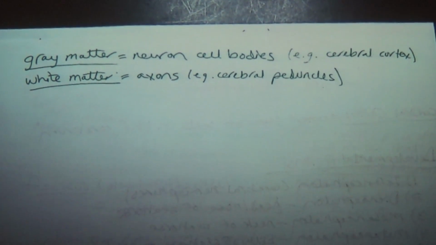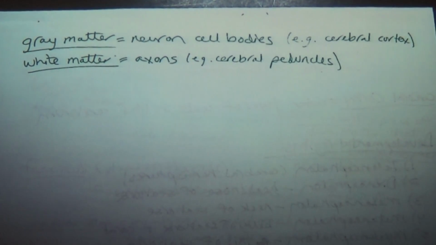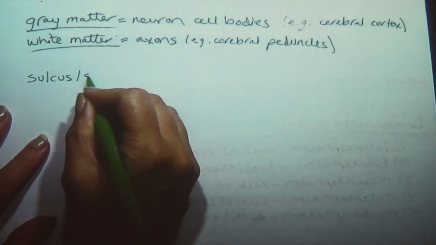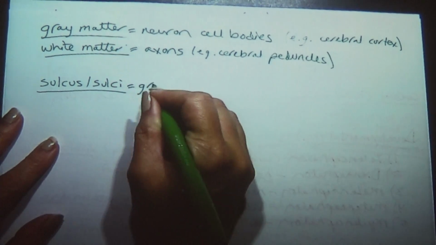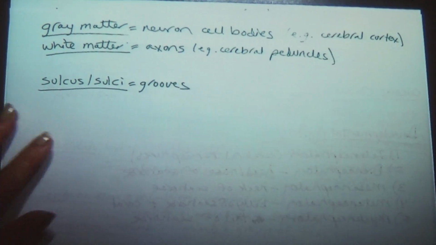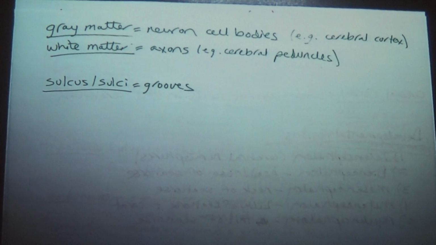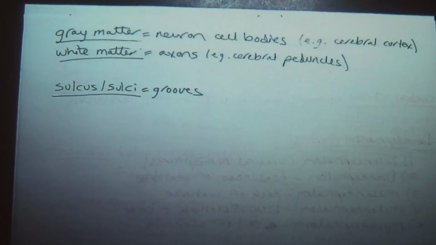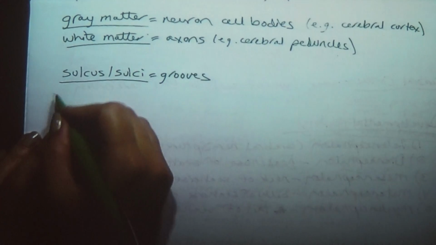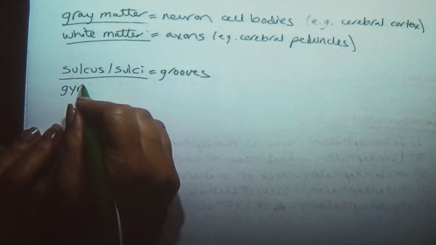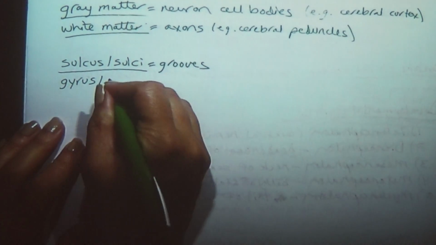Okay, now for the sulci or sulcus is the singular, sulci is the plural. These are grooves that dip down, so dents on the cerebrum. And then the opposite of those are gyri, or gyrus is a single.